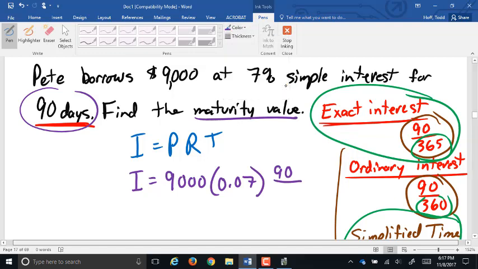So looking at this problem, is there any way to tell whether it's exact or ordinary interest? No. So the assumption is, if it is not stated, you always assume ordinary. Always assume that it's going to be using 360.